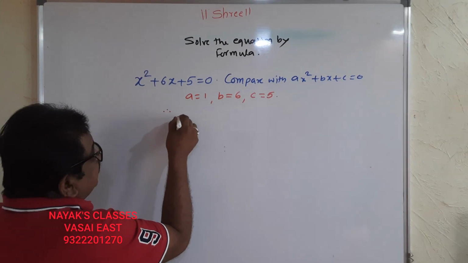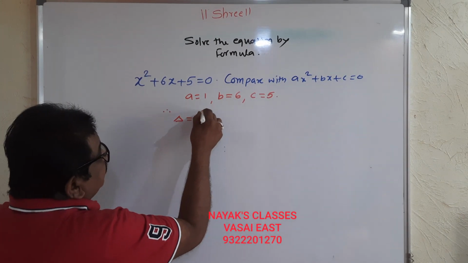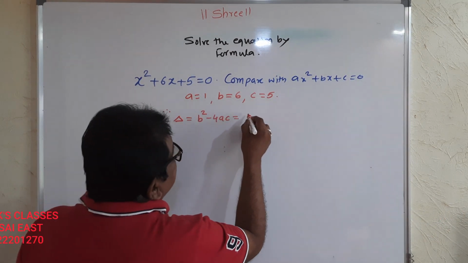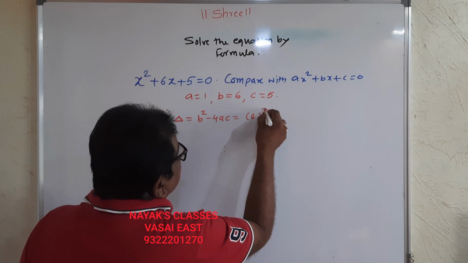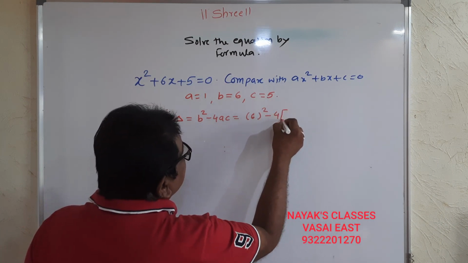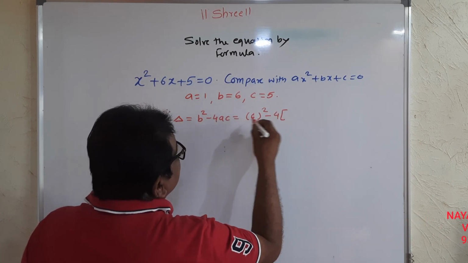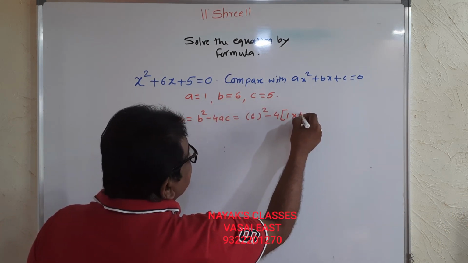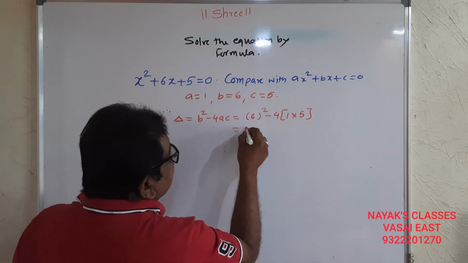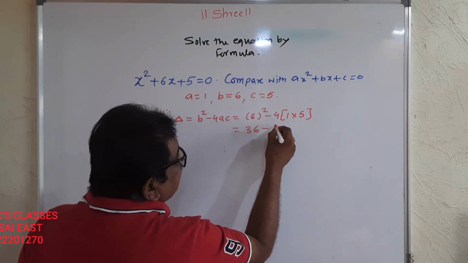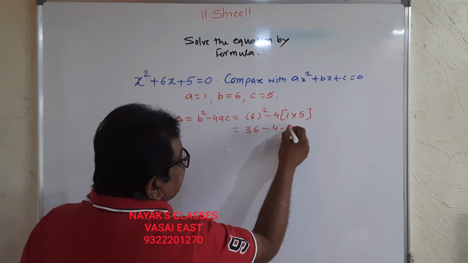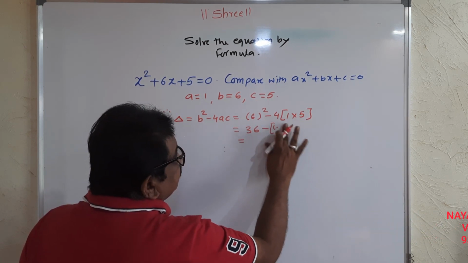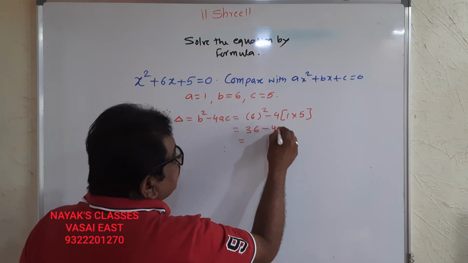Therefore delta is equal to b square minus 4ac, which is 6 square minus 4 into a into c, a is 1 into c is 5, is equal to 36 minus 4 into 5.